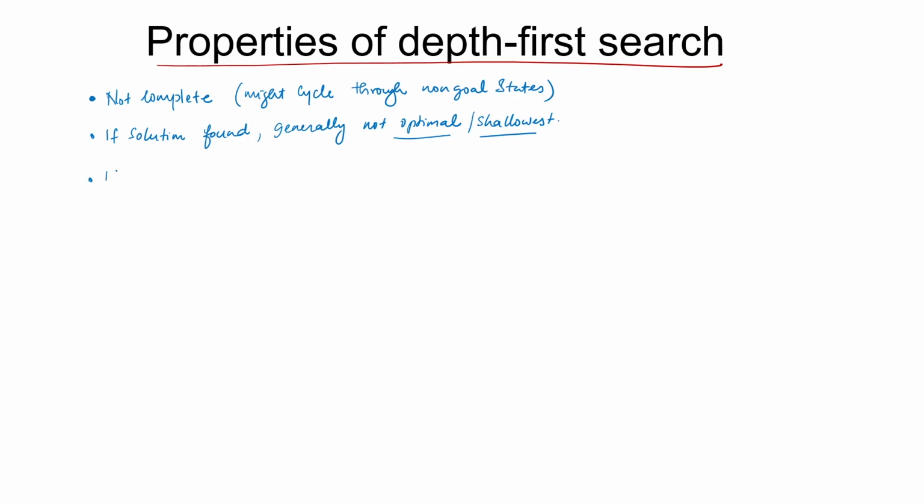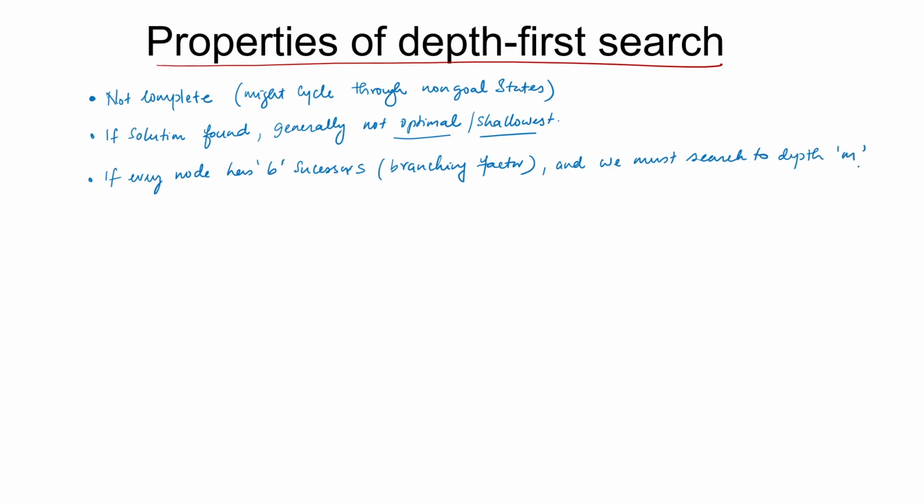Then if every node has B successors, which is the branching factor, and we must search to depth m, the fringe is at most Bm, B multiplied by m.